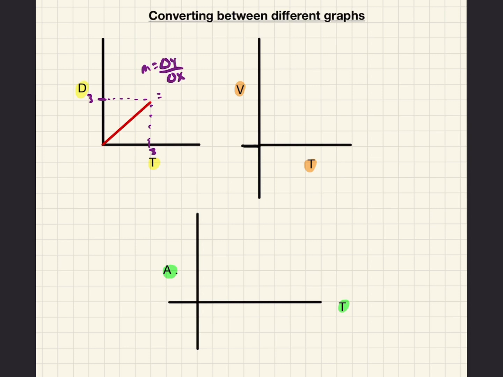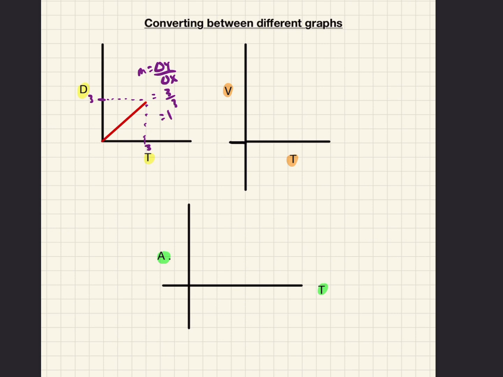And in this case, that'll be 3 over 3, which would equal to what? Well, then I would take that value of 1, find 1 on the VT graph, and then for 3 seconds, draw a straight line at 1 because that would be a constant velocity.